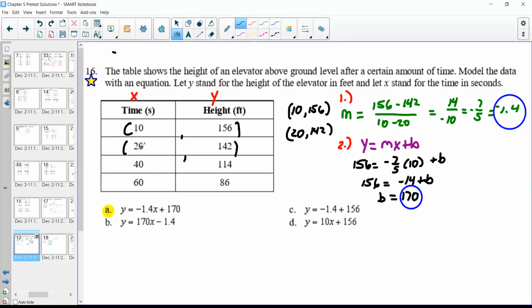So I'm using the coordinates of these 2 points on the graph to find my slope for the equation. And then I'm using the slope and one of these x, y values to solve for b. All right. Good with that?